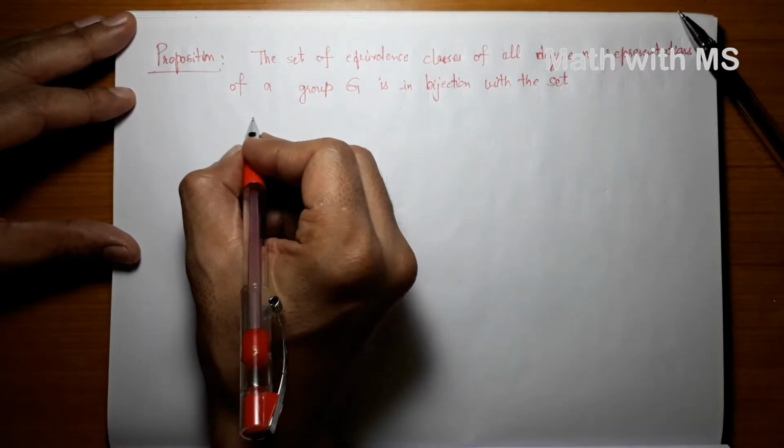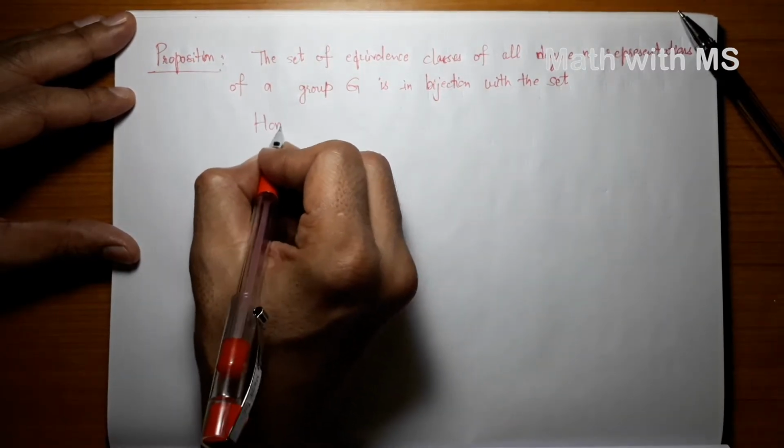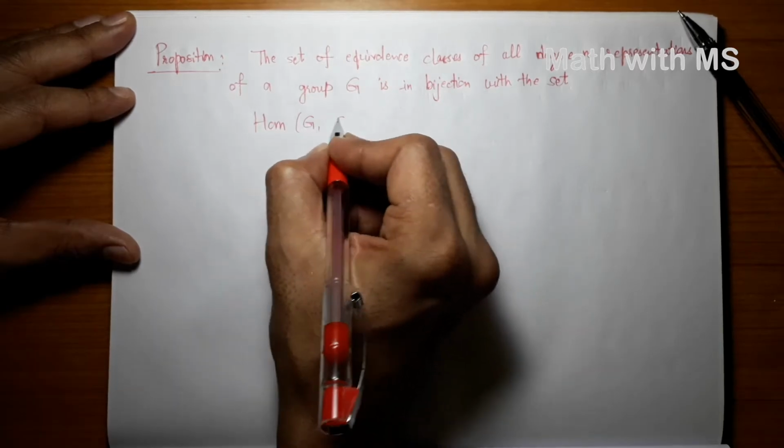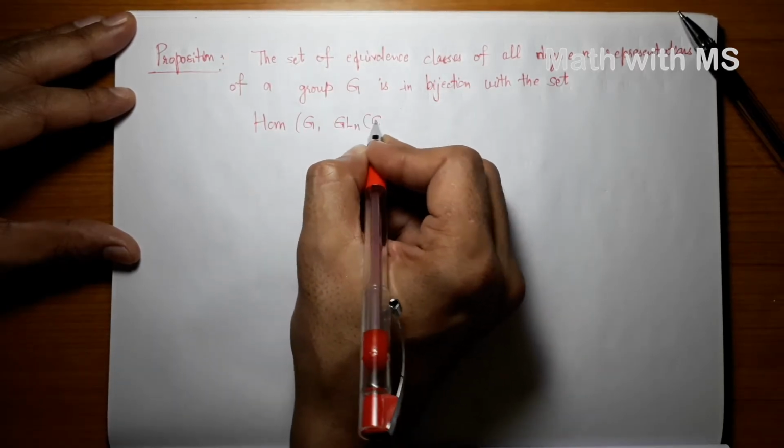So what is that set? It is the set of all homomorphisms from G to GLnC.